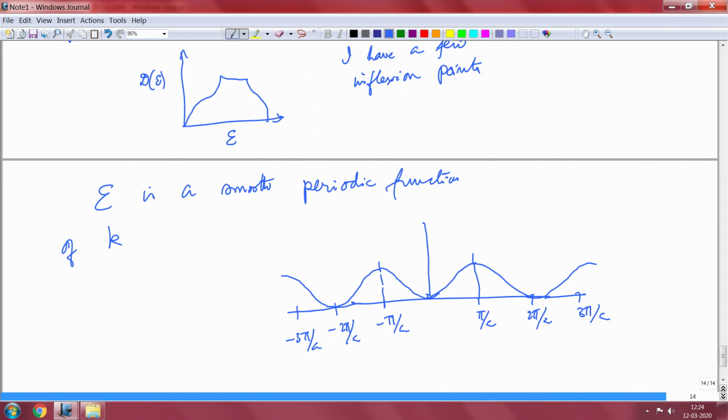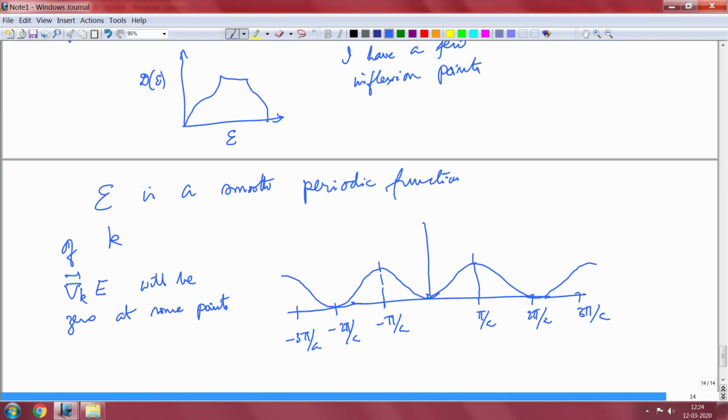Because it is a periodic function, grad K of E will be 0 at some points, because, at least in the one dimensional case, we have Rolle's theorem in calculus, which says that if you have a periodic function in a particular interval, then the derivative of the function is going to vanish at least at one point. Okay.